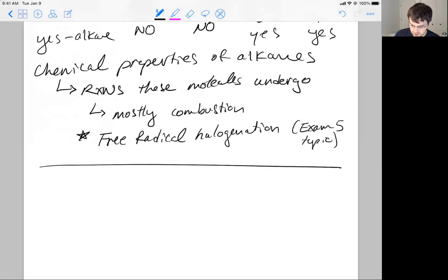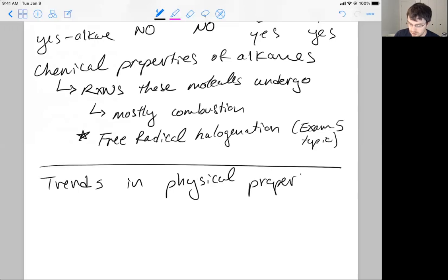So I want to switch from chemical properties and talk about trends in physical properties. The trends are what you need to study. I realize that in the midst of COVID, everything's take home, so what you're memorizing is your choice. But in a typical semester, I would expect students to commit to longer term memory the trends, not so much the specific numbers.